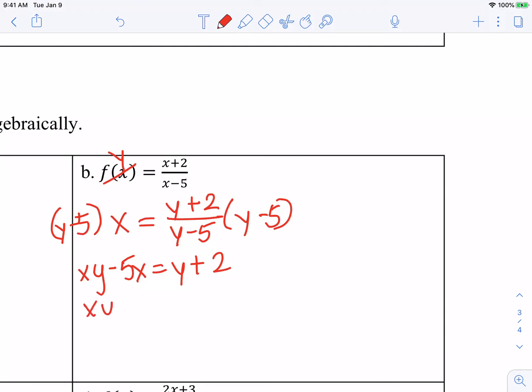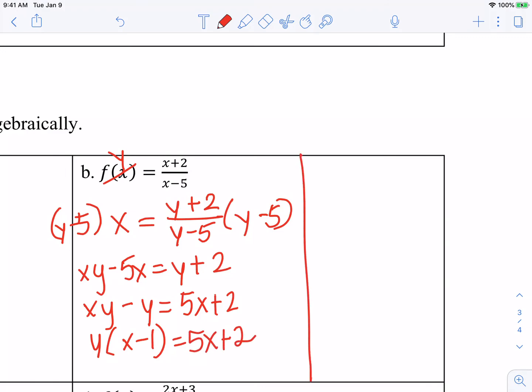So xy minus y equals 5x plus 2. Factor out a y, so that's x minus 1. And then I'll write on this side over here: y equals 5x plus 2 over x minus 1, or I could write that as the inverse.